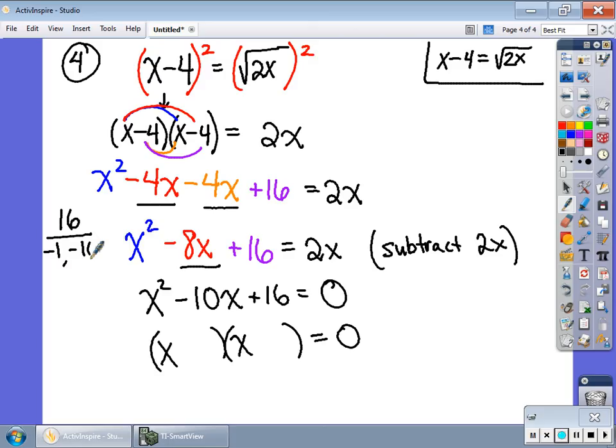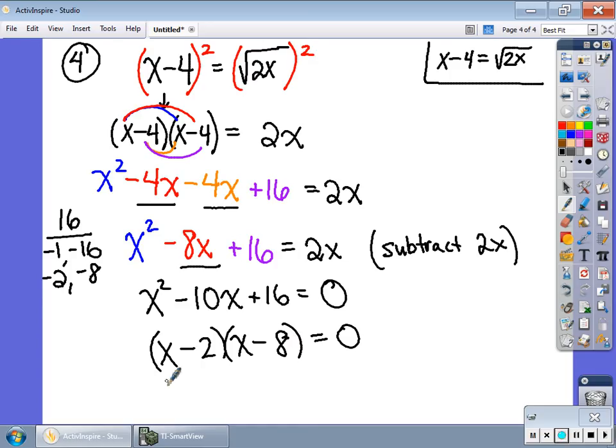Well, negative 1 and negative 16 definitely multiply to give me 16, but they don't add up to negative 10. So now I'm going to try negative 2 and negative 8. Negative 2 times negative 8 is a positive 16, and they add up to give me negative 10. So we put that here and here.